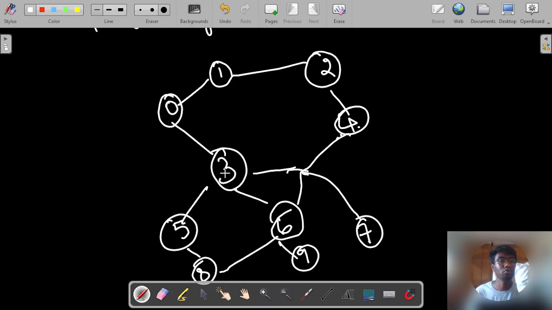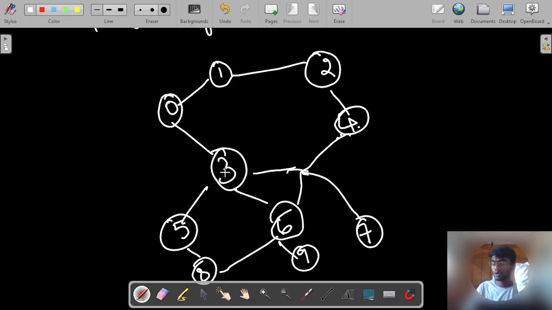So he is a mutual friend or second degree friend to 0. And similarly, if we want to know the relation between 0 and 3, we should say he is a third degree friend who is associated with 5. 5 is also associated as a friend to 3, right? So that's the kind of relationship this can be, right?